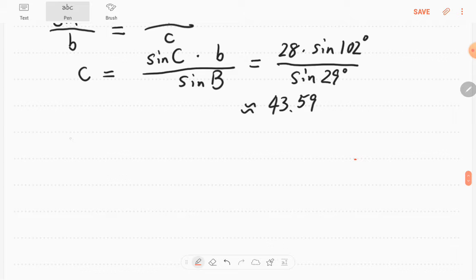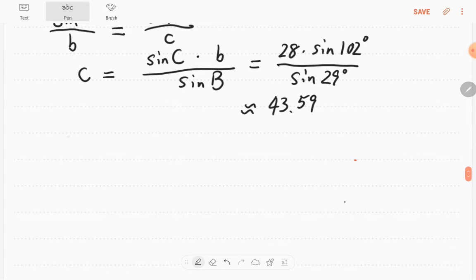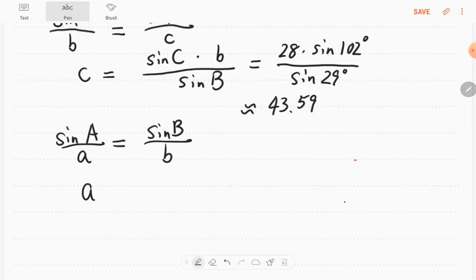So we have sine A over a is equal to sine B over b. So what is a equal to? a is equal to b times sine A over sine B. Then we plug in everything.